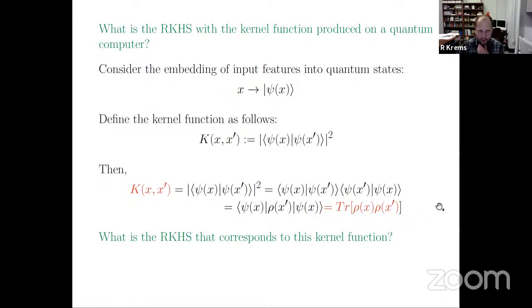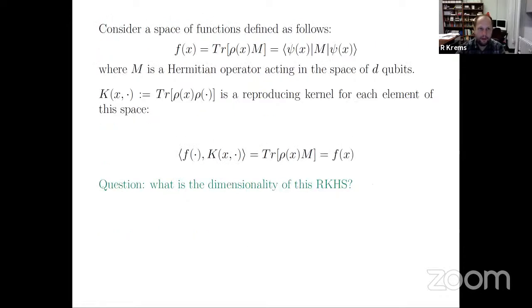Then the question is, what is the RKHS that corresponds to this kernel function? The RKHS is given by the set of functions given by these expectation values, where m is any Hermitian operator that acts on the space of these d qubits.